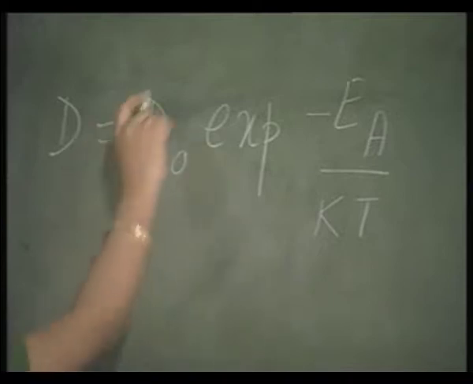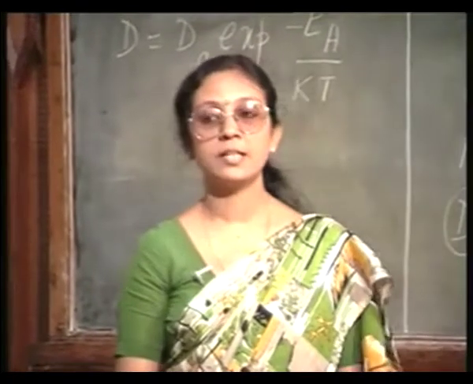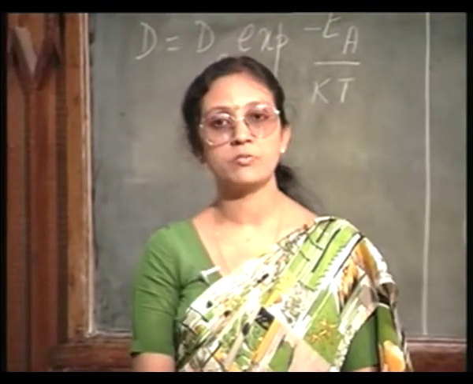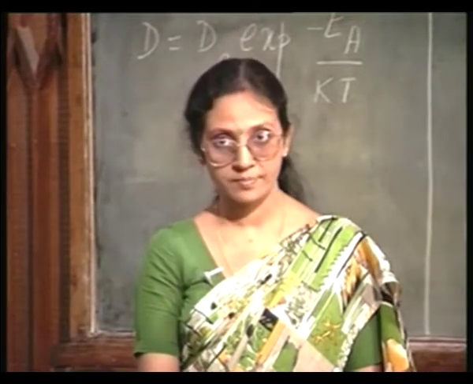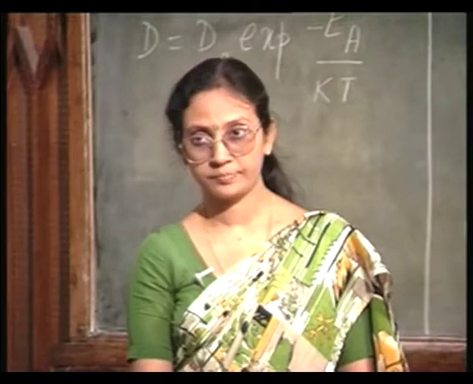This D0 is considered to be independent of temperature. So, this is the temperature independent part, this is the temperature dependent part. Obviously, you can make out that as the temperature increases, the diffusion coefficient or the diffusivity is going to increase, right.